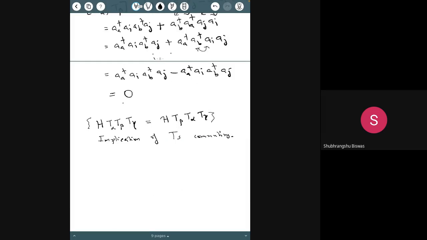And because H does not commute, HT minus TH is not 0. This is the implication of H and T not commuting. So you cannot move H around. You can move the T's around among themselves. So these are some points about the BCH expansion.